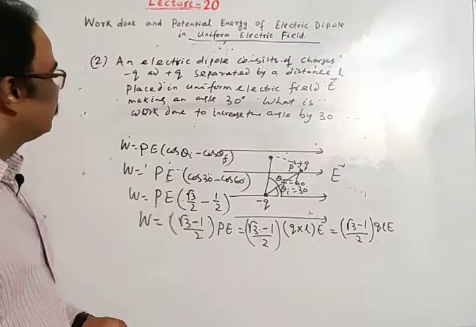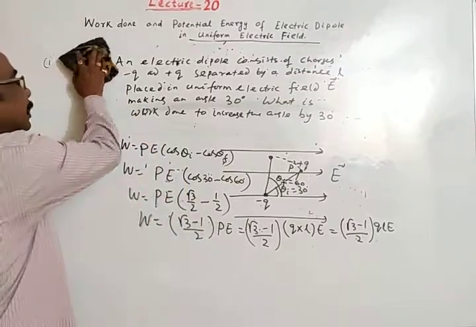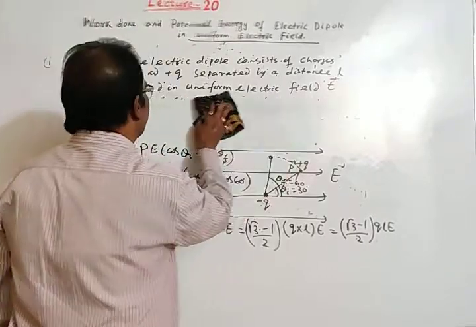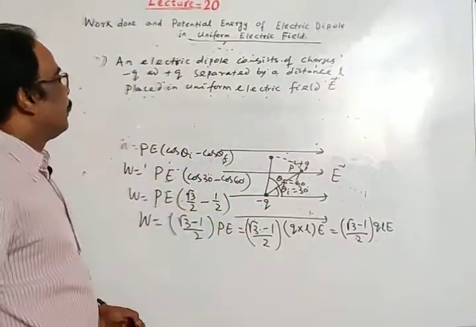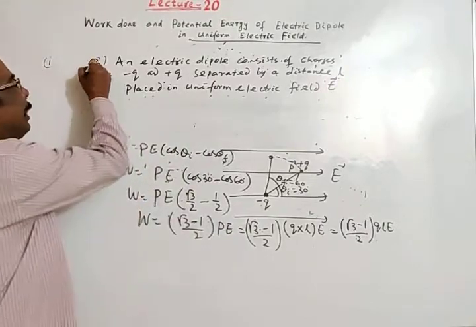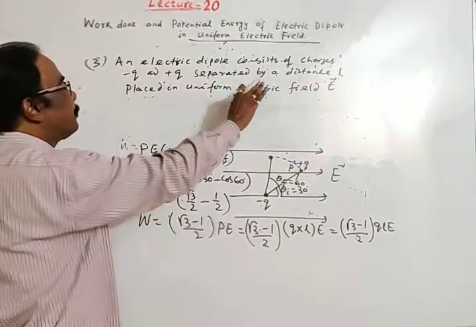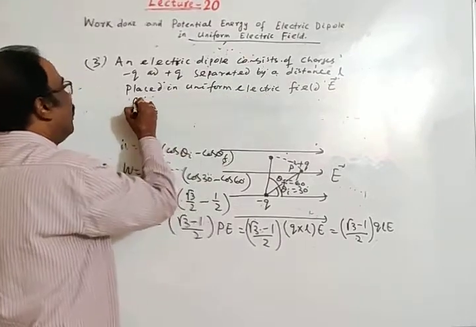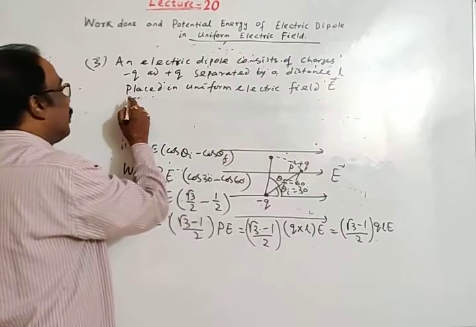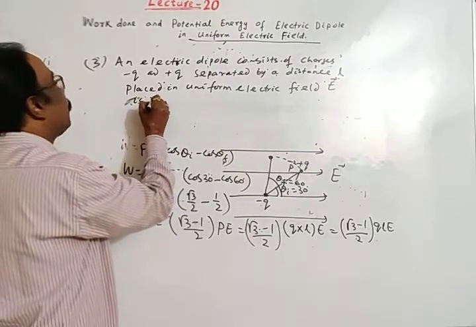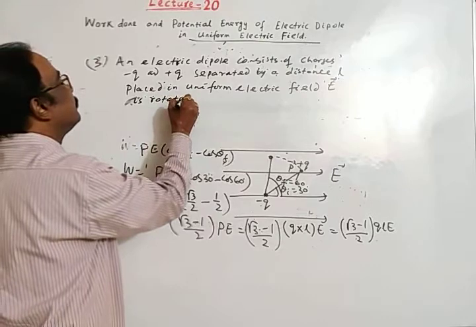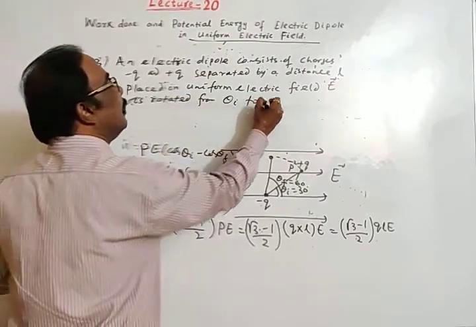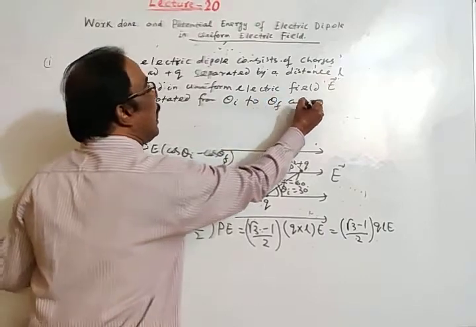Then third question, last question, question number 3. The same question: an electric dipole consisting of charges minus q, plus q separated by distance L, placed in uniform electric field, is rotated from theta initial to theta final as shown.